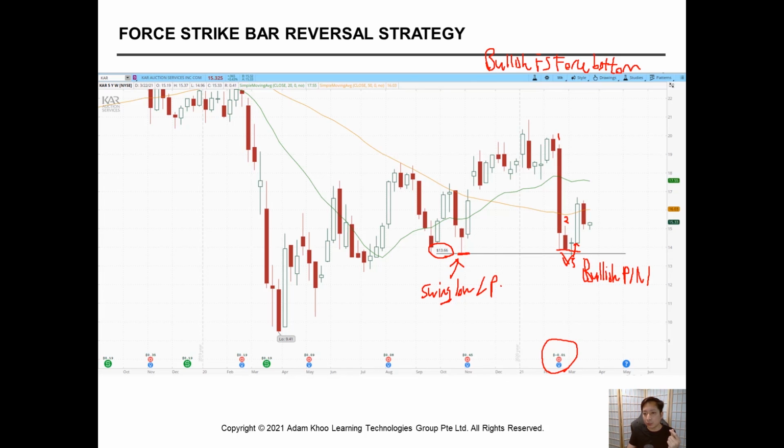So there was a false bottom scenario and a bullish FS formation, which is a signal for us to take action on a bullish FS false bottom, and you would be able to easily get your 1:2 target in this KAR example here.